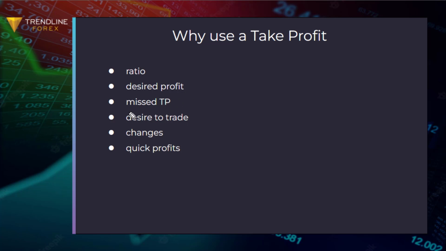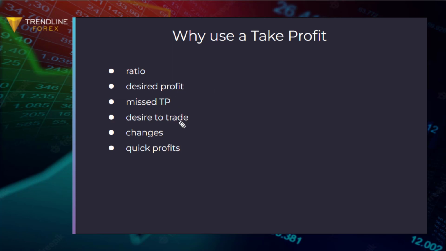Okay, also another common mistake is the missed take profit, which means when price reverses just a couple or a few pips before your take profit level, and that's when you leave the trade because you want for price to come back to your take profit and take you out of the trade. But in most cases, price just reverses, and it means that you should have closed your trade manually.